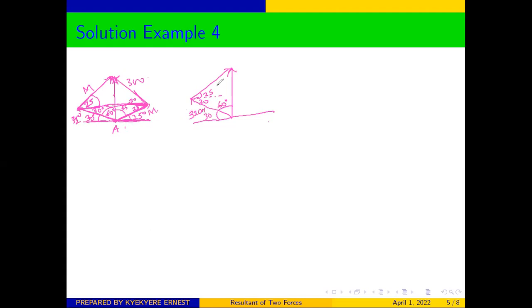Good. And this side is our M. This side is our M. So having been able to do this, we can get the angle here. So let's take it that our angle here is beta.